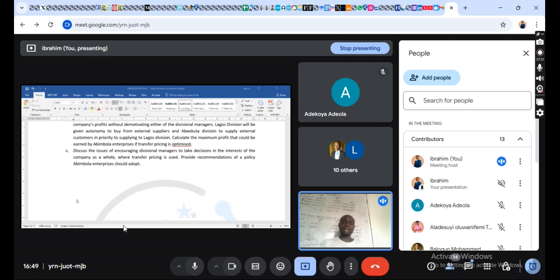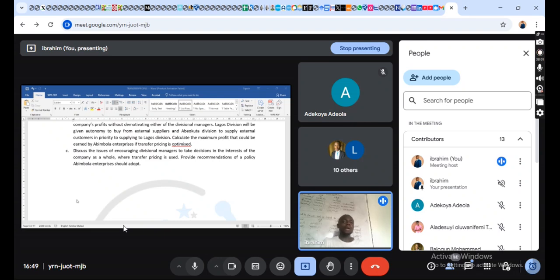Now, the policy that Abimbola should adopt, when you look at it very well, if they are talking about the whole company, if they buy internally, the profit still remains the same. If it is external, the profit still remains the same. But the question is, does it encourage the divisional managers?